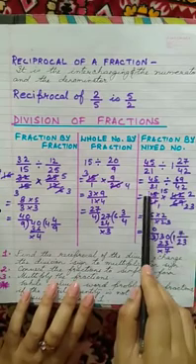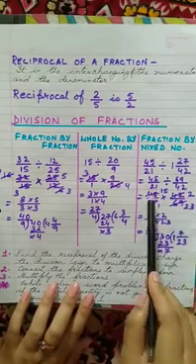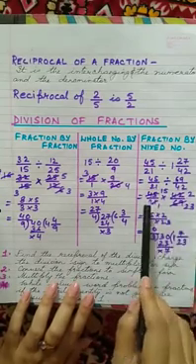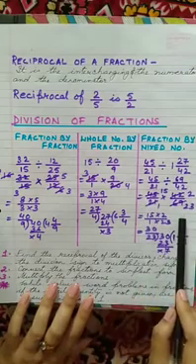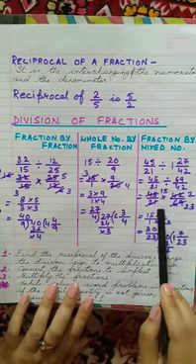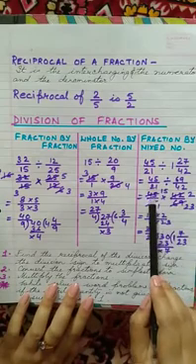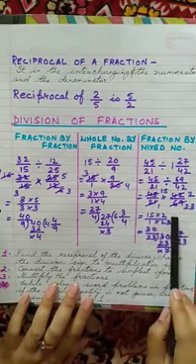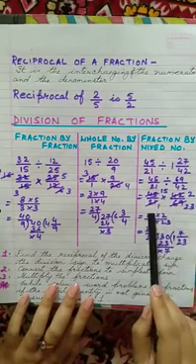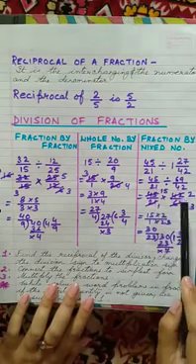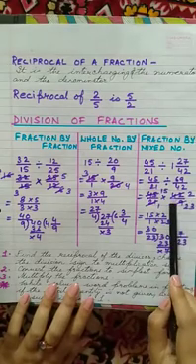Now we cancel by cross multiplying. 45 and 69 both can be divided by 3. So 3 15s are 45, 3 23s are 69. 21 ones are 21. 21 2s are 42.